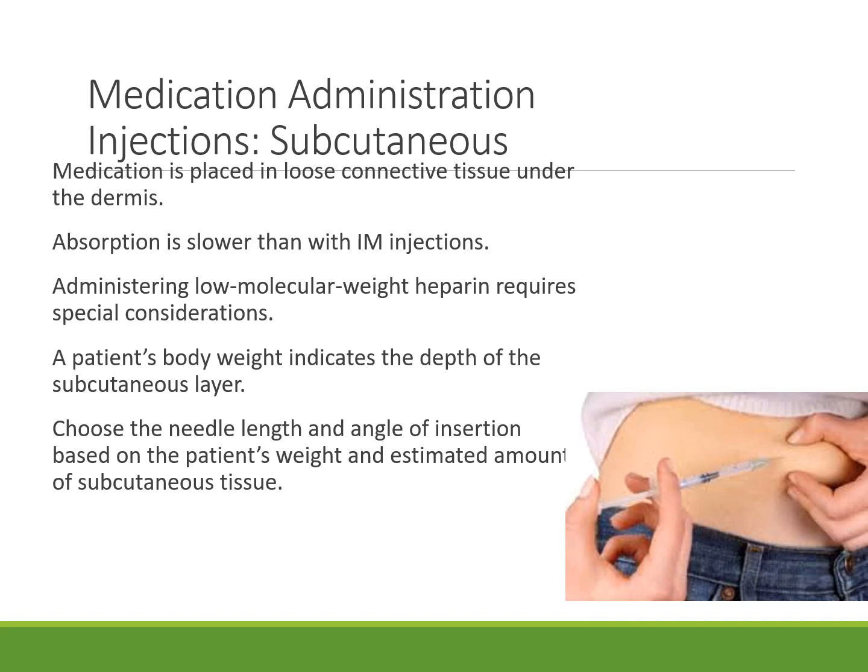The main reason is absorption is slower compared to IM injections. Some of the medications that are administered subcutaneously is insulin. If you remember, these are usually given to patients who are diabetic, having a high blood sugar.